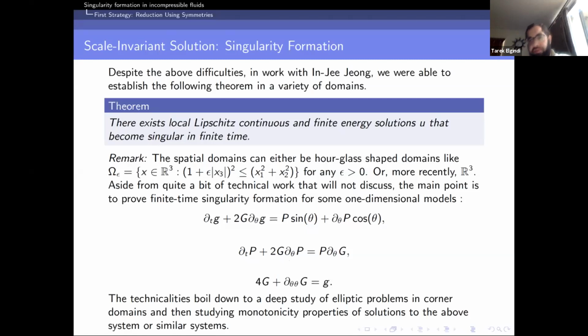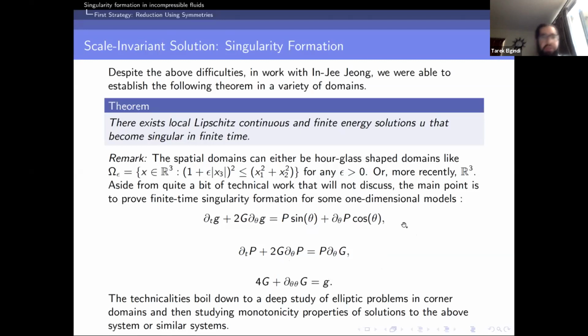On the technical side, passing from these formal calculations: before you have an existence and uniqueness theory, talking about scale invariant solutions is just a formal thing.